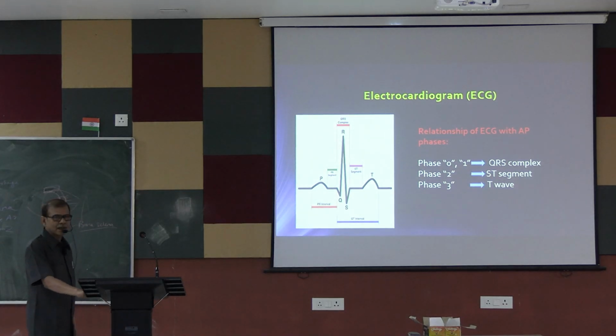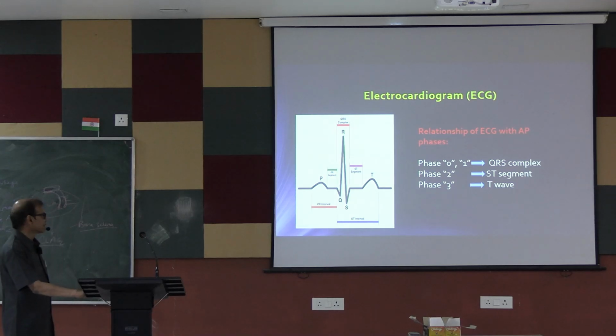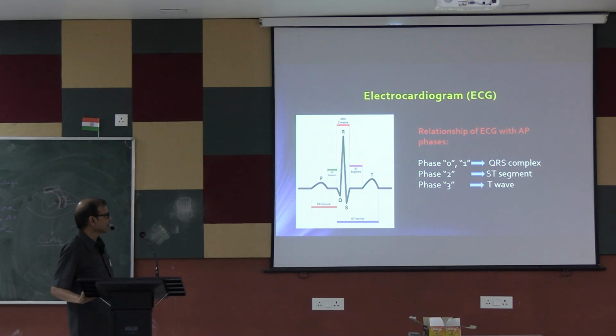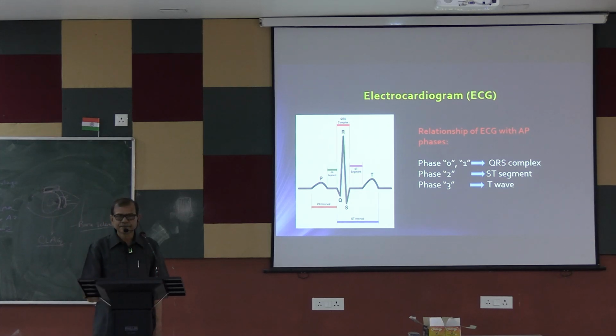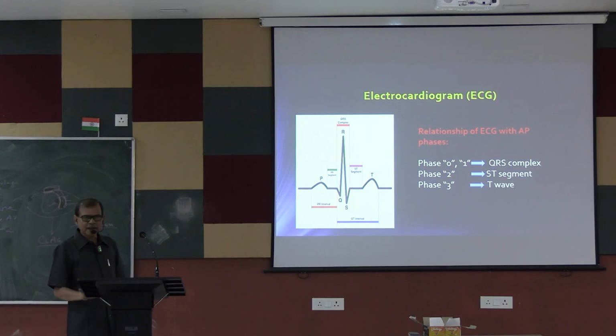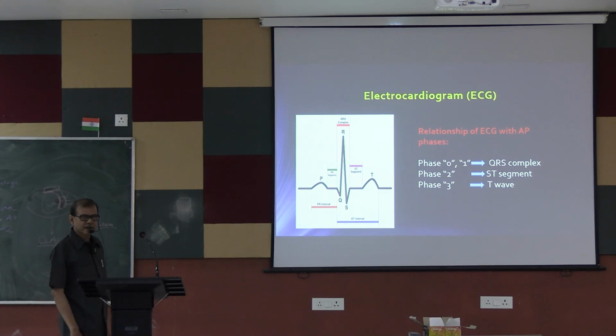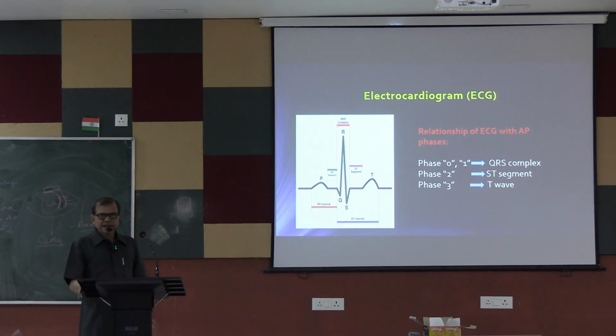Phase 0 or 1, QRS complex. Phase 2, ST segment. Phase 3, T wave. Phase 4, resting membrane potential. So phase 0 and to some extent 1 is the QRS. Phase 2 is the ST segment, with calcium influx and delayed rectifier potassium efflux.